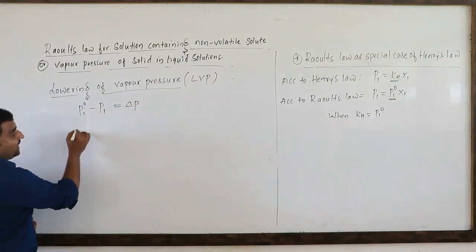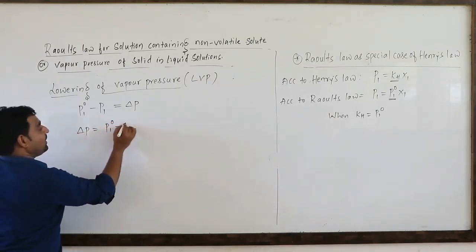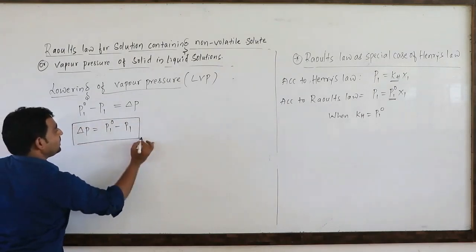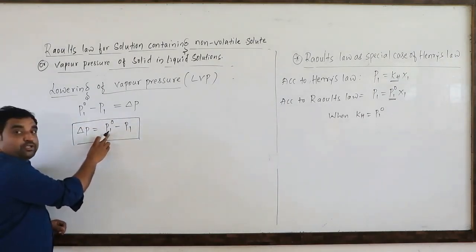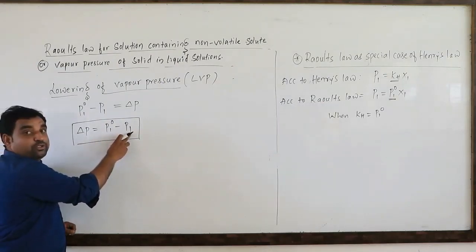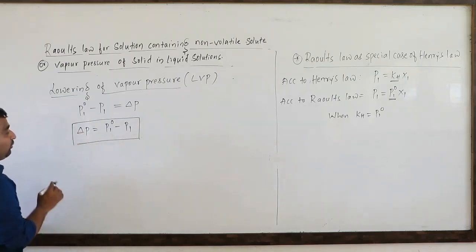So delta P is equal to P1 naught minus P1. How to define the lowering of vapor pressure of the solution? It is the difference between the vapor pressure of the pure component and the vapor pressure of the solution. That is delta P, the lowering of vapor pressure.